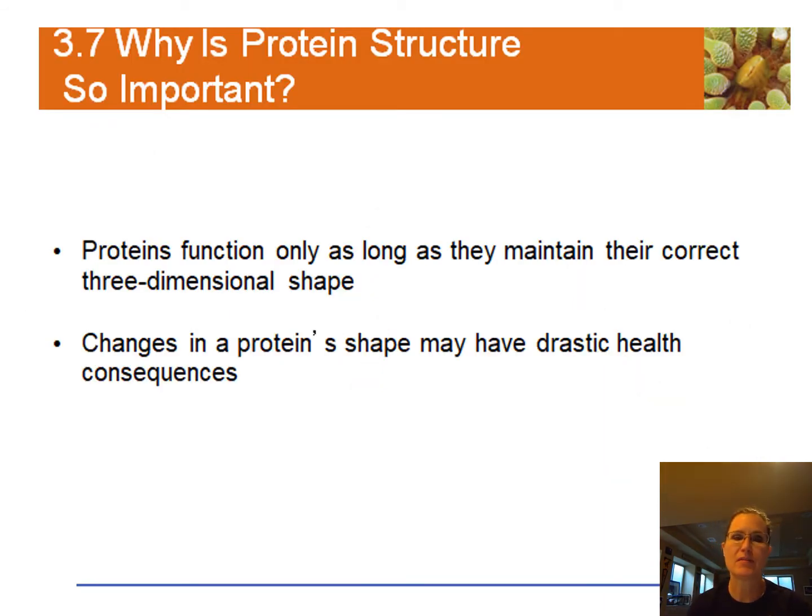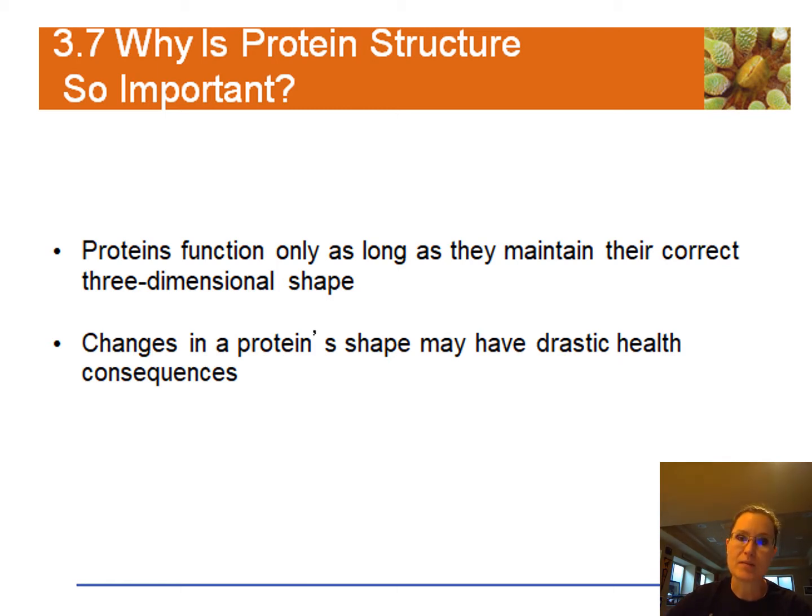And then we talked about this several times as we go through, but shape equals function, and if the shape is wrong, the function is wrong. And so proteins fold. There are 4. We talked about those, I think, in one of the previous units, the 4 ways that they fold. There's primary structure, secondary structure, tertiary, and quaternary structure.